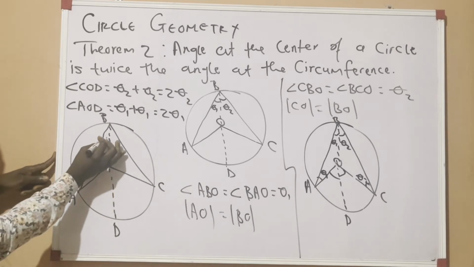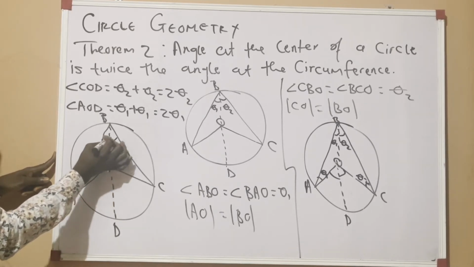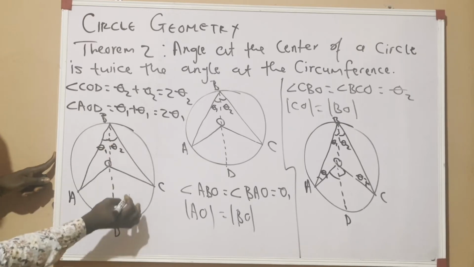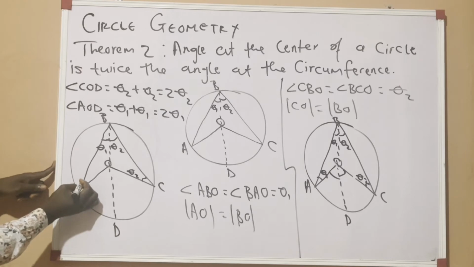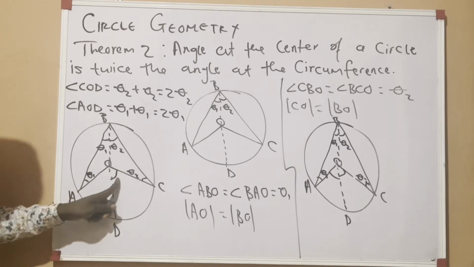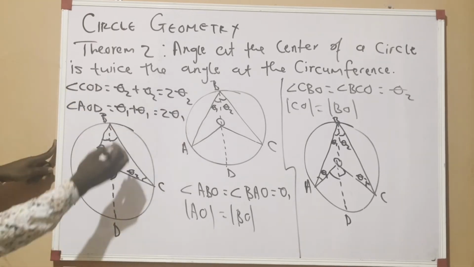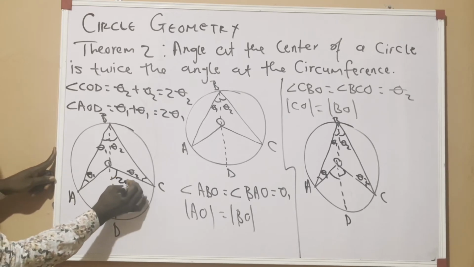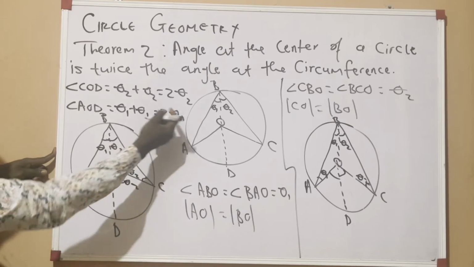Here, according to the diagram, is angle theta 1. Here is angle theta 2. Here is also angle theta 2. Here is also angle theta 1. Okay, now what do we have here now? Here, which is angle COD, was 2 theta 2. And here, which is angle AOD, was 2 theta 1.